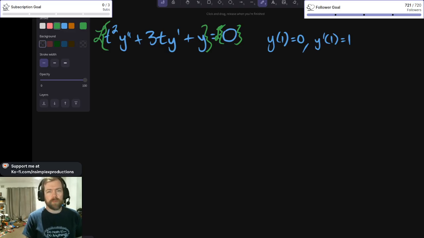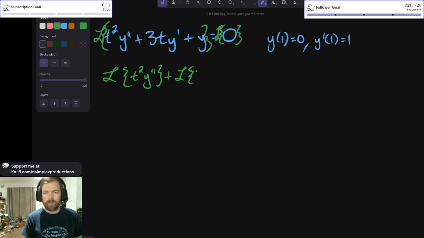So the Laplace operator is a linear operator. So using this, we can go in and say, okay, this is going to be the Laplace transform of t squared y double prime plus the Laplace transform of 3ty prime plus the Laplace transform of y equals, and again, this should be 0.